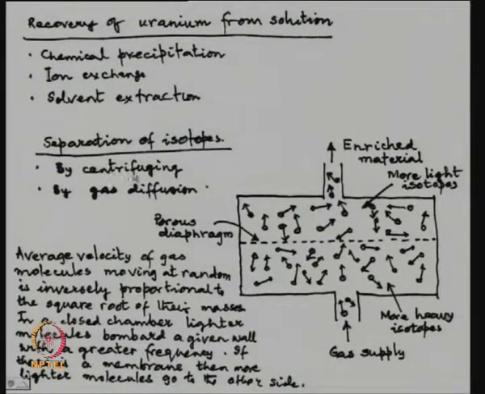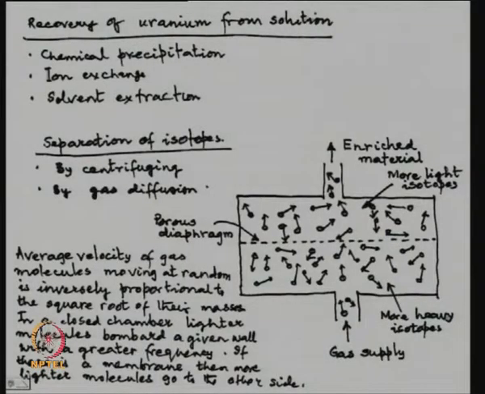Now, centrifuging made use of the fact that one isotope is heavier than the other isotope. Gas diffusion also makes use of the same fact. Let me first tell you how it is done, then we will come to the principle. Essentially, this gas diffusion will be in the gas phase.